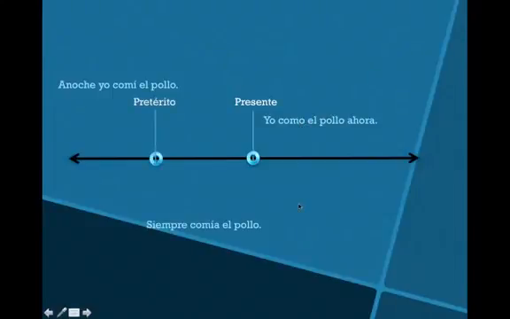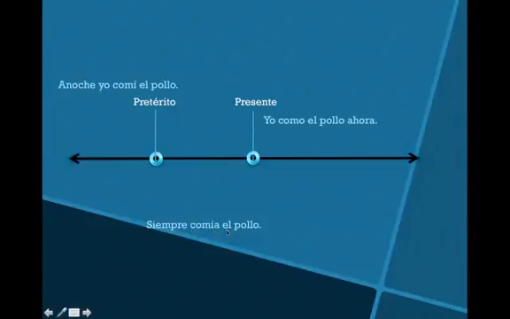Here's the pretérito, in the past, specific point on this timeline, and our example sentence says, anoche yo comí el pollo, last night I ate the chicken. We know that it was last night. It's a specific spot on this timeline. But then it gets tricky when we want to talk about something that we always did.